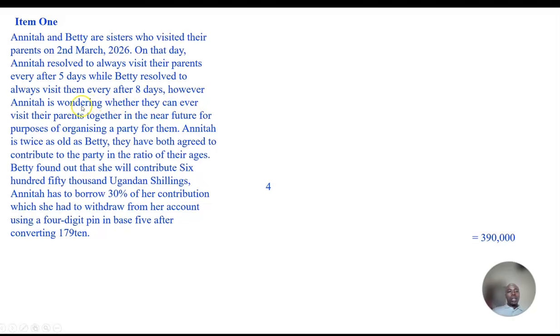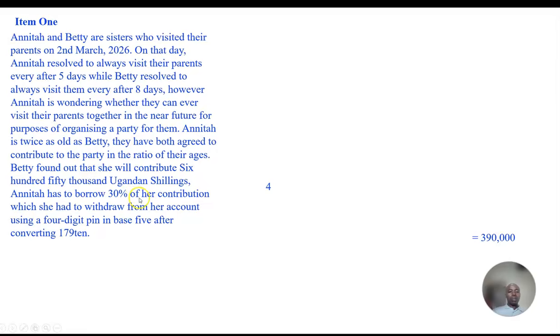However, Anita is wondering whether they can ever visit their parents together in the near future for purposes of organizing a party for them. Anita is twice as old as Betty. They have both agreed to contribute to their party in the ratio of their ages. Betty found out that she will contribute 650,000 Ugandan shillings.